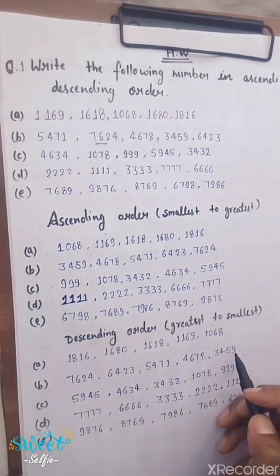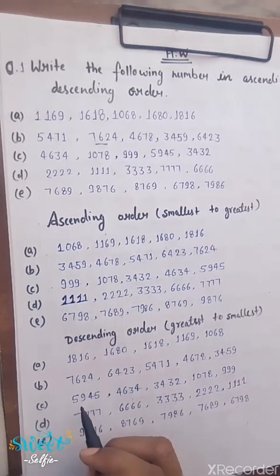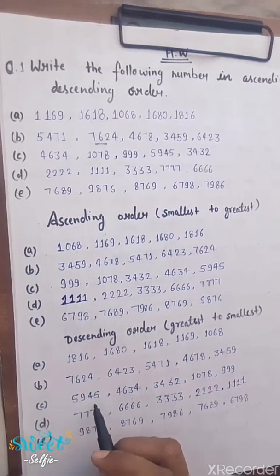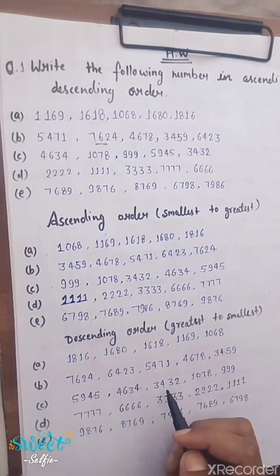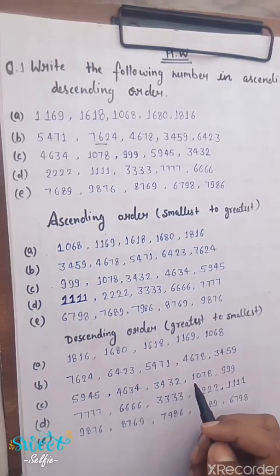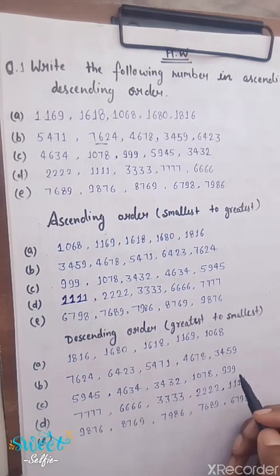Next 3459. Look at the next, C. In C, the greatest number is 5945, and next 4634, next one is 3432, and next is 1078, and last one is 999.